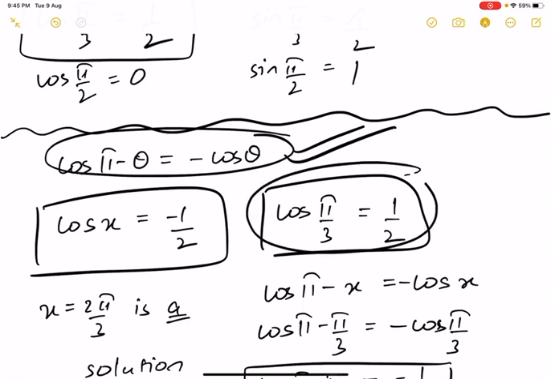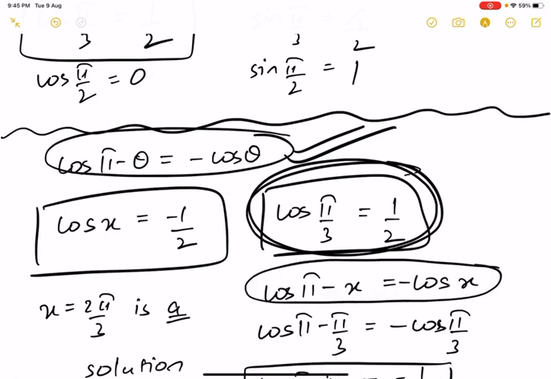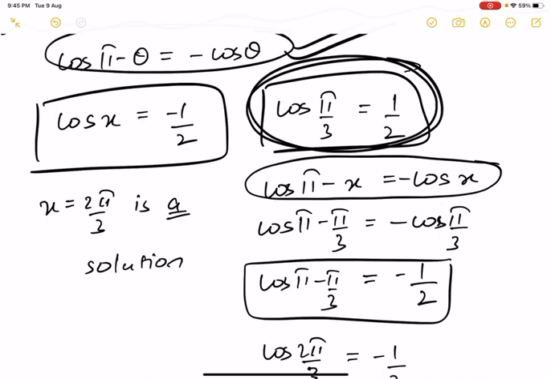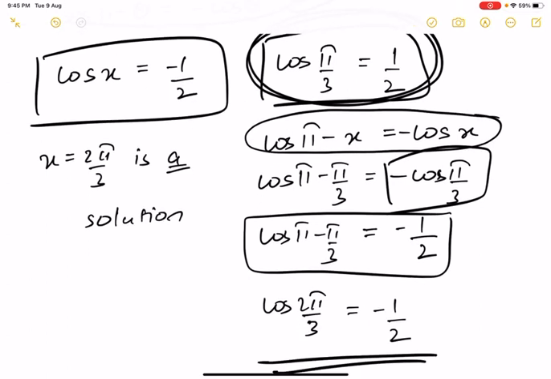Because we know that cos of pi by 3 is half, now how to get negative half? We use that property: cos of pi minus x is equal to minus cos of x. That is a very important property. So if I take pi by 3 over here, then negative cos pi by 3 becomes negative half. And thus I get the angle for which cos of that angle is negative half.